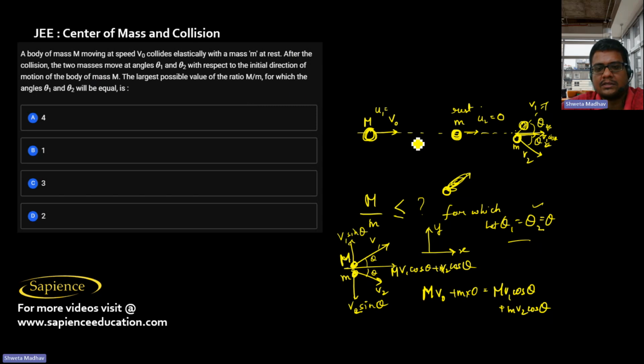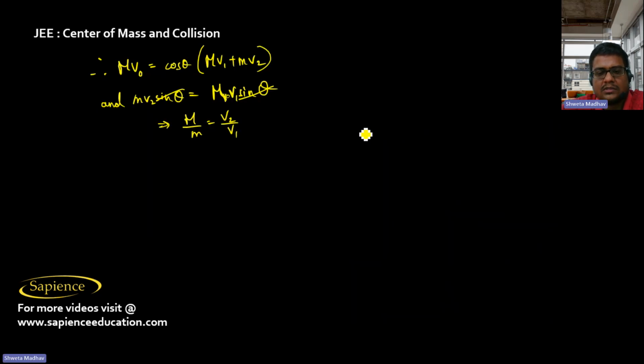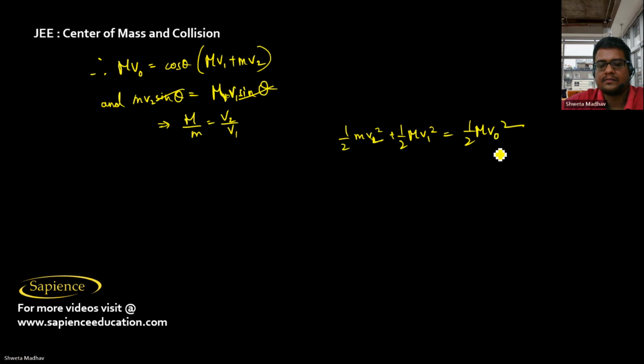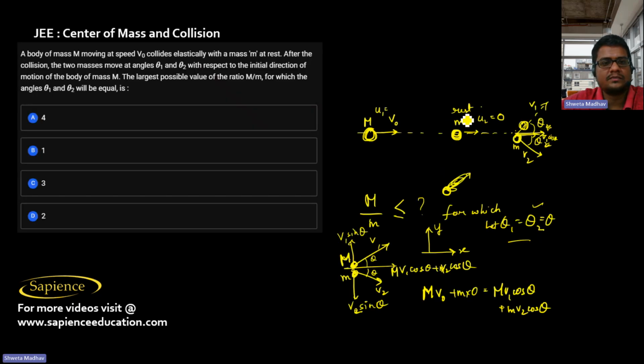It is an elastic collision, so there is no loss in kinetic energy. So I can say half M v1 square plus half m v2 square will be equal to half M v naught square, since kinetic energy is conserved in an elastic collision.